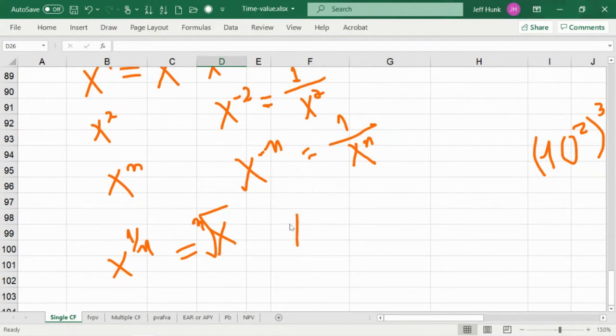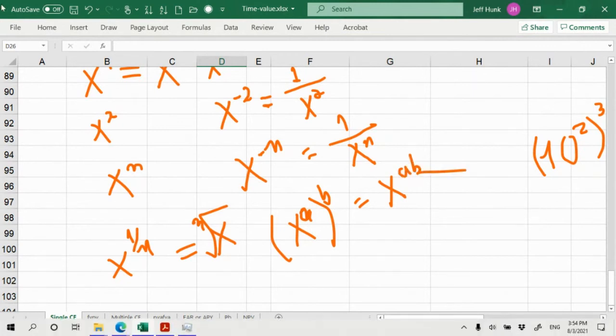And also we know x to the a, raised to b, is x raised to a times b, right?